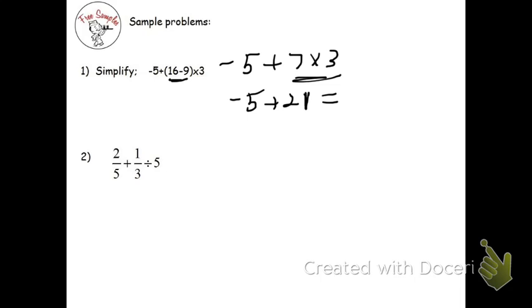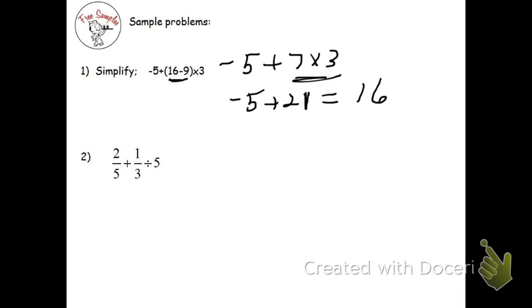So we'll leave the -5 alone, and then plus 16 take away 9 is 7, and then times 3. Multiplication is next on our list, so we'll multiply the 7 times 3, so we have -5 plus 21, and then adding -5 and a positive 21. Since the signs are different, we're going to take their difference, and so we end up with a positive 16.